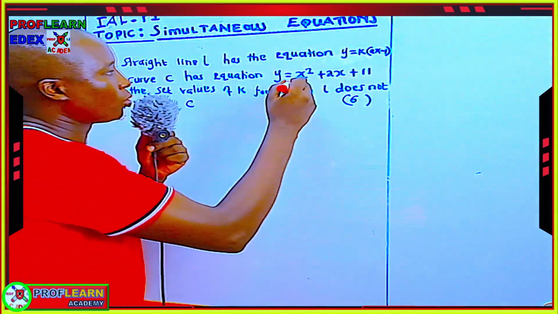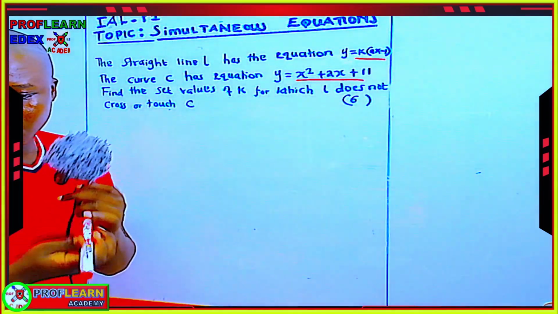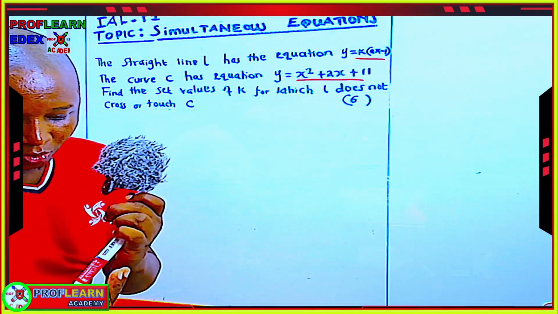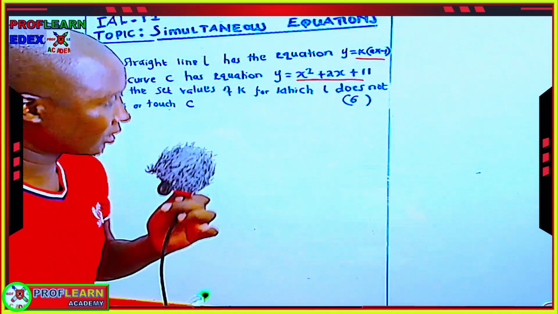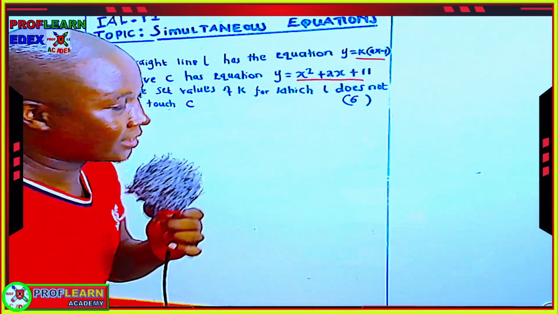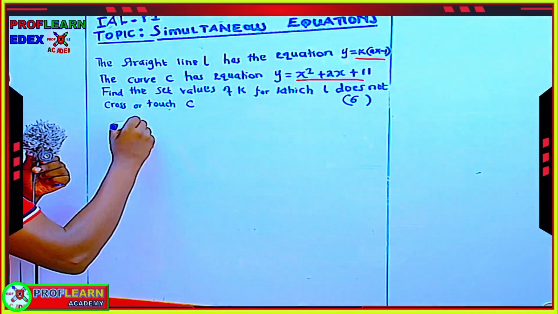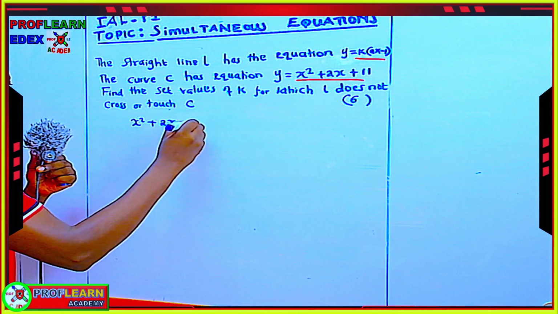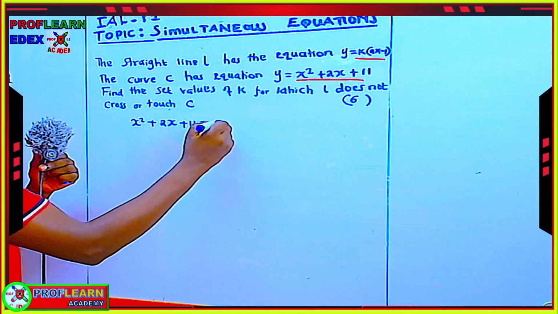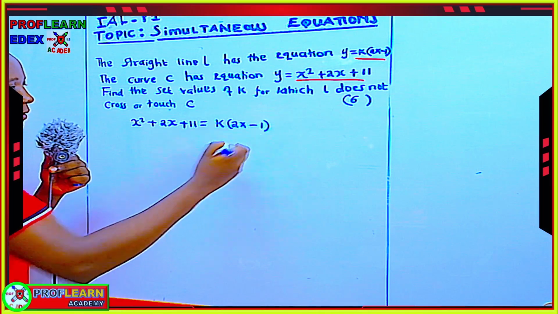Let me take you through the easy steps you're going to follow. You are going to equate this equation and this equation first so that you can work it out. In order to solve this, we equate the first equation and the second equation. So x squared plus 2x plus 11 should equal k(2x minus 1).